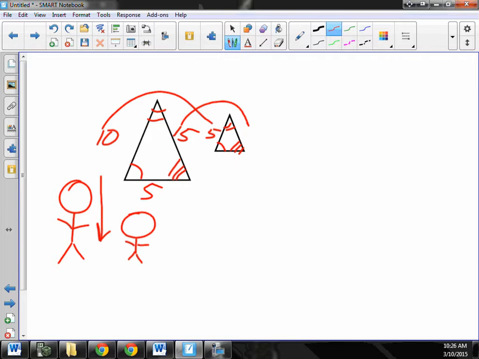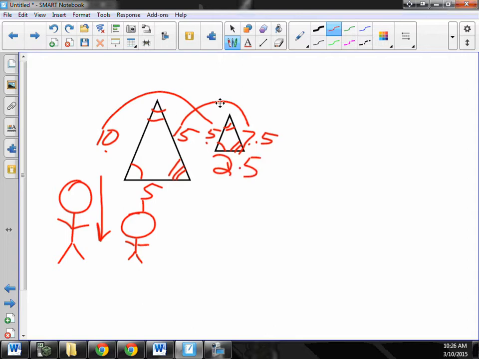It looks like they're the same, but don't ever trust a picture in geometry. So if this side is 5 and it matches up with the 10, what would this length need to be? 7.5. Half of 15. So 7.5. Okay? So if this side is 5, what would that side be? 2.5.